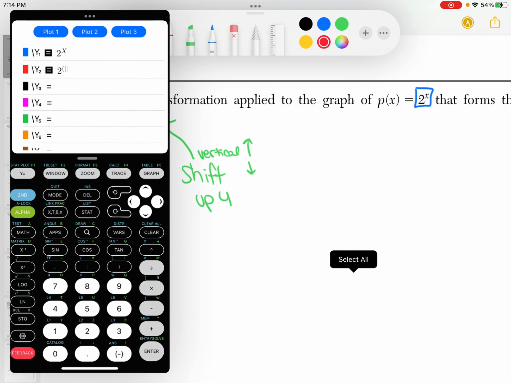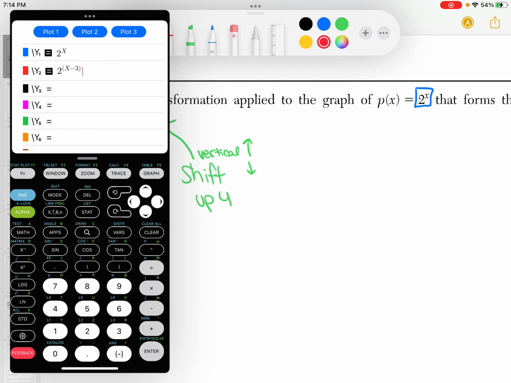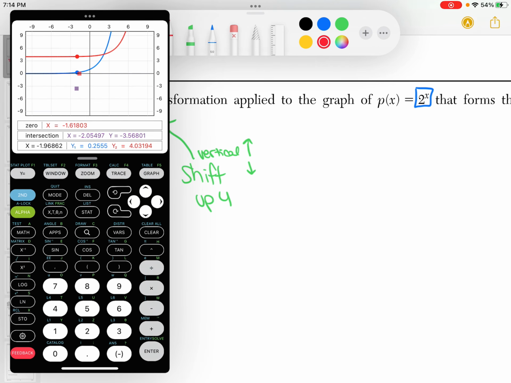My 83 people, type in 2 to the parentheses, x -3, close your parentheses. You are telling your calculator that whole thing is an exponent. 83 calculators have to do that. 84s go right up to the top and type it in. If you have an 83, you have to put it in parentheses. Otherwise, it won't put that -3 up there. And then when I get out of the exponent, I'm going to type in the +4.